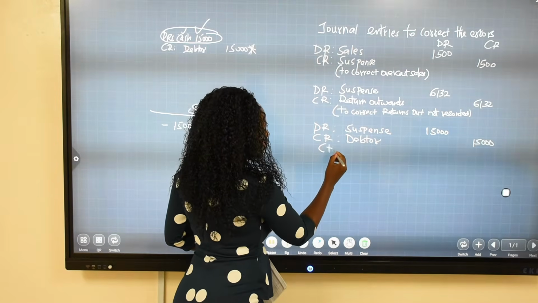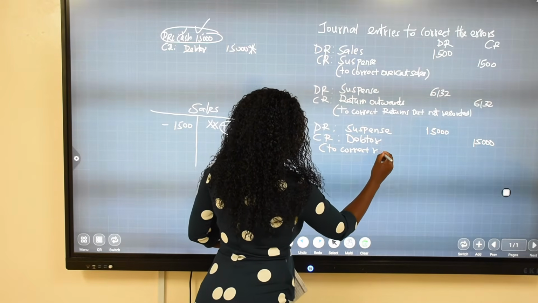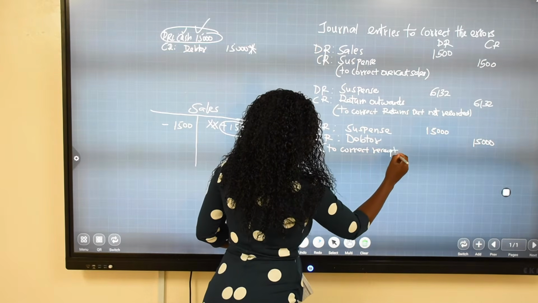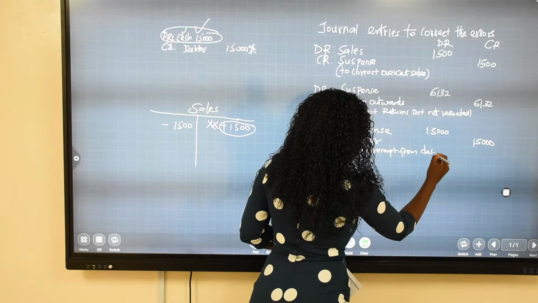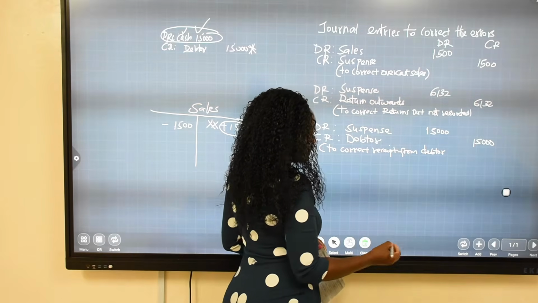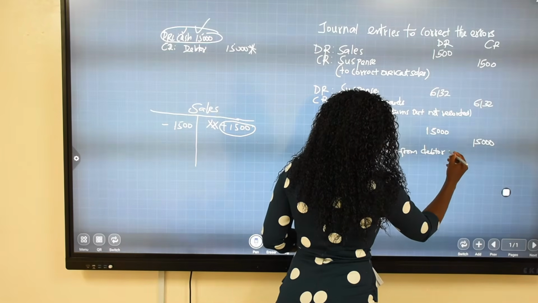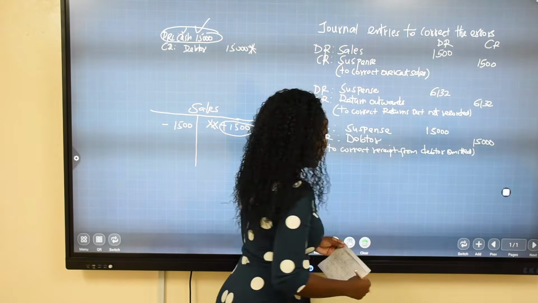So again, we say to correct receipt from debtor, and the narration can be in your words in any way you understand it, but we can just simply say to correct receipts from debtors omitted or not recorded.